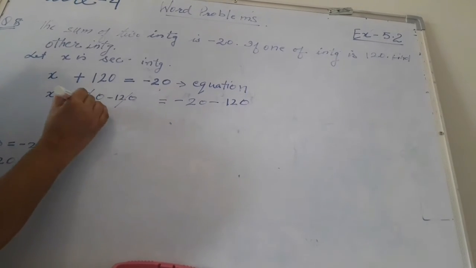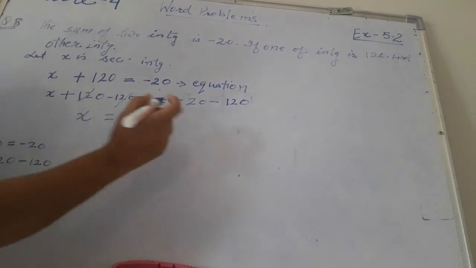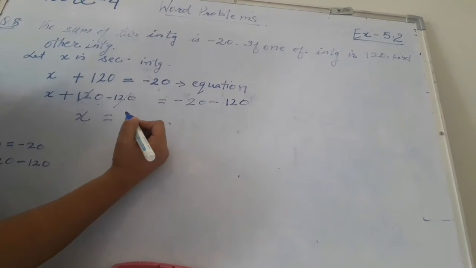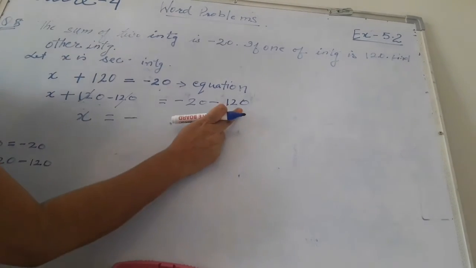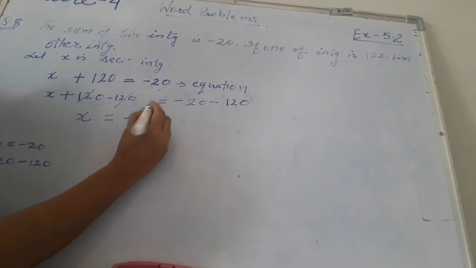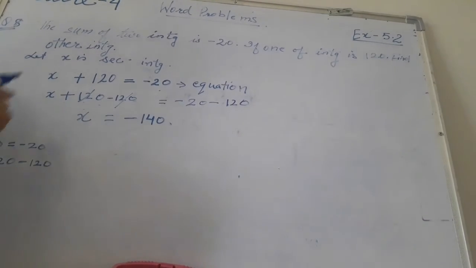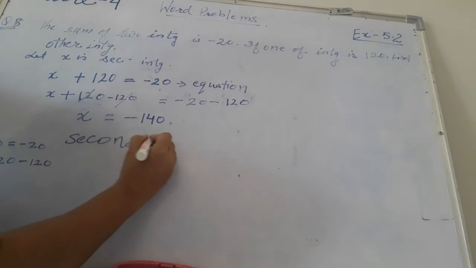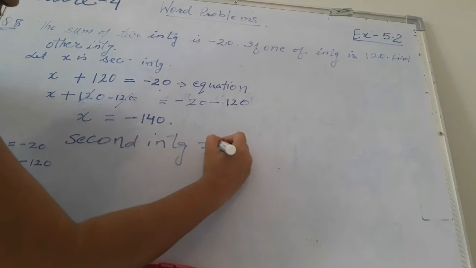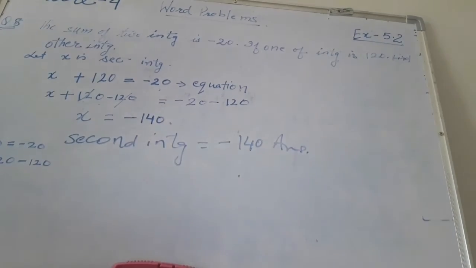You will be left with only x, and you will get the negative sign because 120 is greater and has the negative sign with it. So your answer becomes minus 140, and the second integer you got is minus 140. Okay, got it?